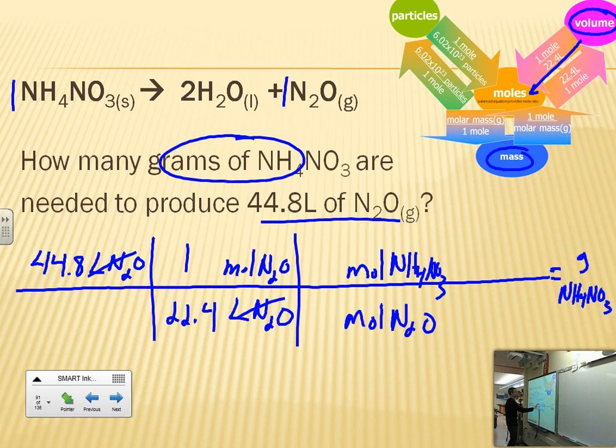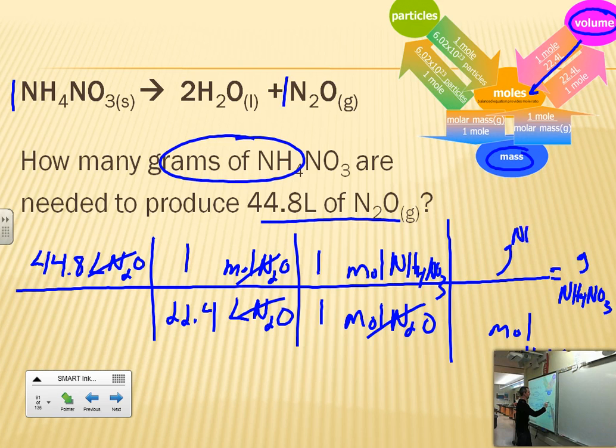So that's actually a step maybe you thought you didn't need, but a lot of times you're going to need that mole ratio, because it's just a 1-to-1 ratio. So those are canceled, right? Now I've got moles ammonium nitrate. So I could answer the question, how many grams, how many particles? In this case, it says grams. So I'm going to put moles down here, and then I'm going to need grams up here to match my answer.